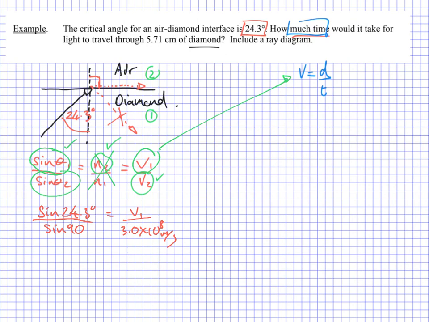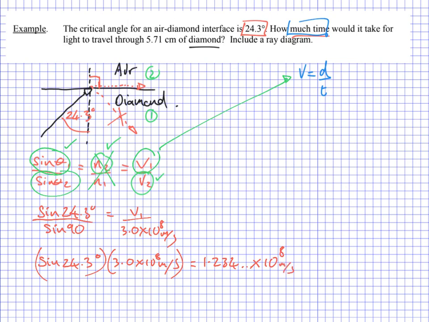Now, sine 90 is also 1, so what I can do is say sine 24.3 multiplied by 3 times 10 to the 8 is my v1, which gives me 1.234, what a coincidence, keeping those decimal places there, times 10 to the 8 meters per second.